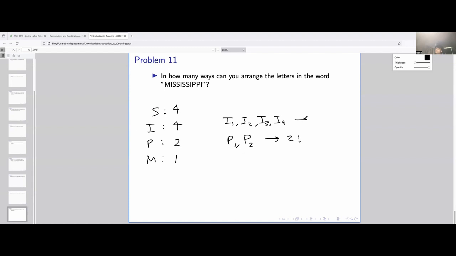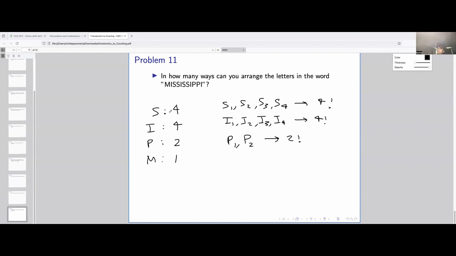There are 4 factorial ways to order them, for 4 letters. For the S's, there's also 4 factorial ways to order them. So we really do have to account for all of these.